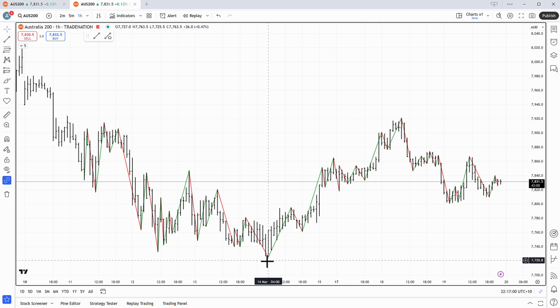You can see there was a significant low which occurred at 4 a.m. early morning Brisbane time. The market went from this low at 77.25. It continued to run up until 9 a.m. March 18, where it made a high price at 79.20. Now from that point, the market went through a pullback from 79.20 to almost 7,800.